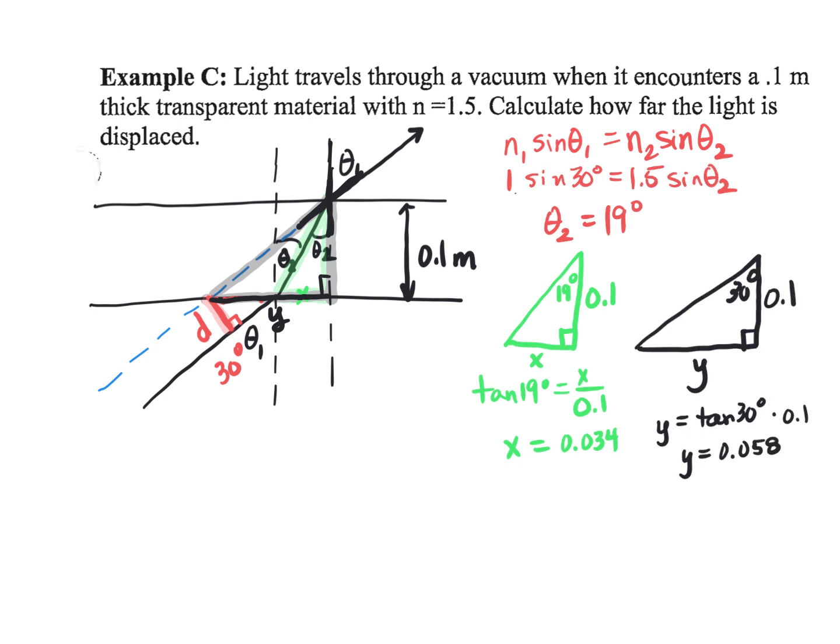Okay? So now if I want to find this little chunk right here, that little chunk right there is y minus x, isn't it? So y minus x would be 0.058 minus 0.034. And that is 0.024.